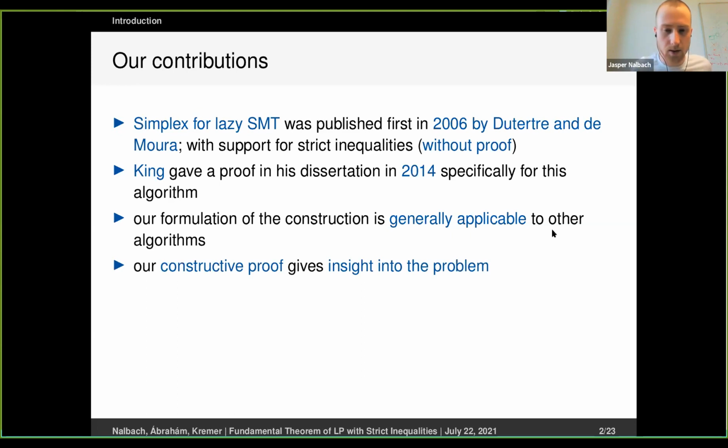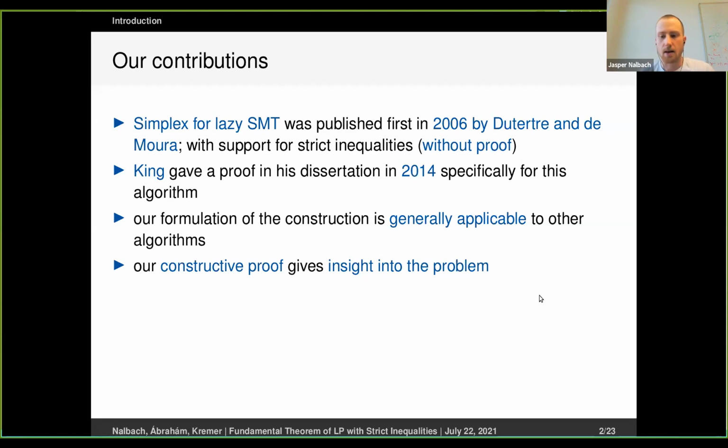The proof of this construction is also a constructive proof, and we hope this proof gives a bit more insight into the problem. So our contribution is the general formulation of this extension of the fundamental theorem of linear programming, and also the constructive proof.